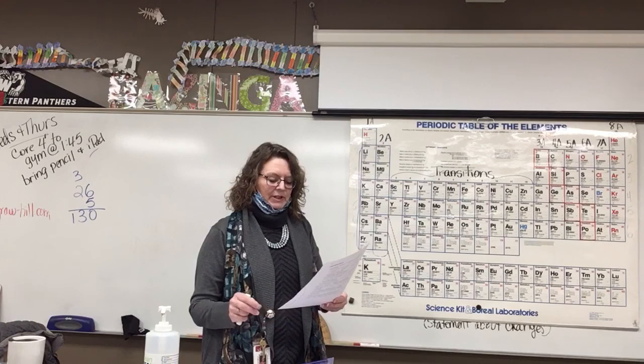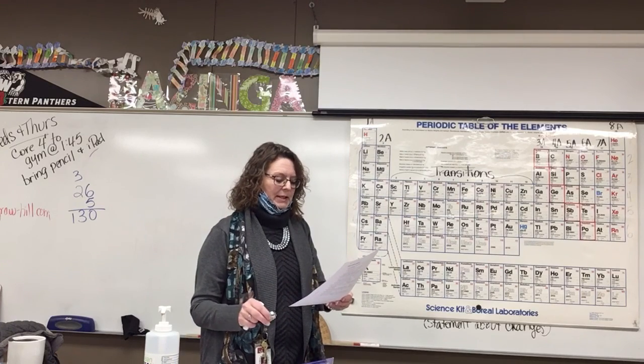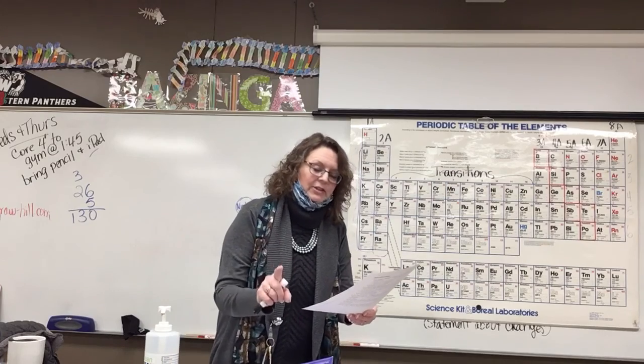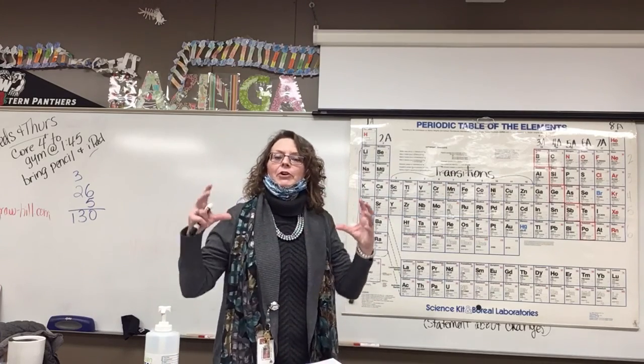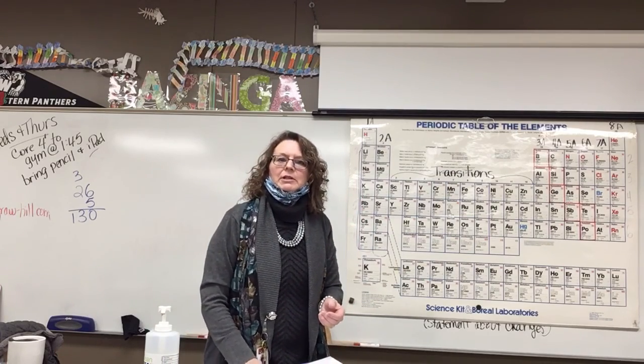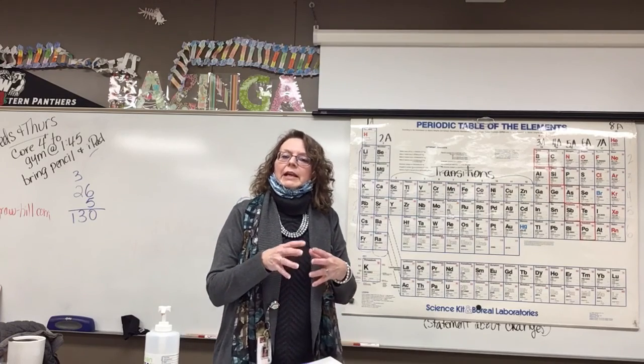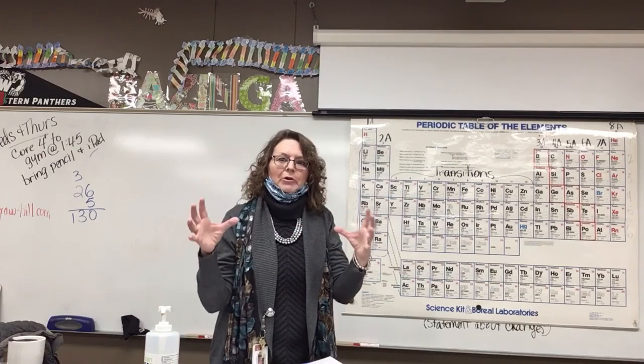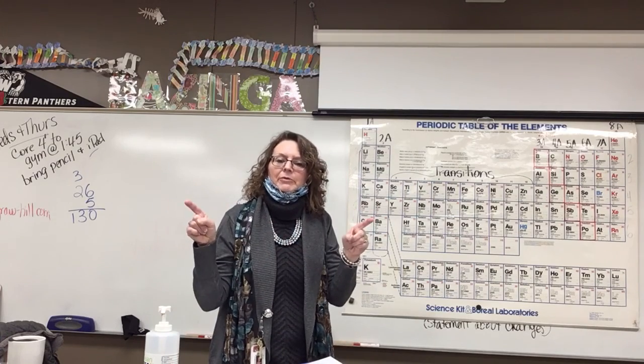The valence electrons in an atom are involved in the chemical bonding. These electrons are less strongly attached to the nucleus because they're the furthest. Valence electrons, the definition is the electrons that are in the outermost energy level. Outermost, so they're furthest away from the nucleus.